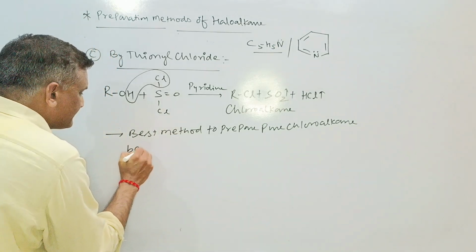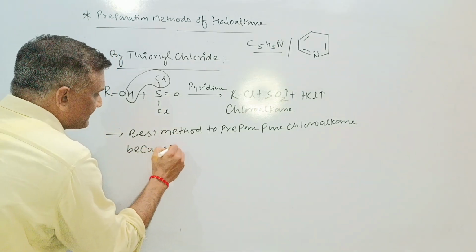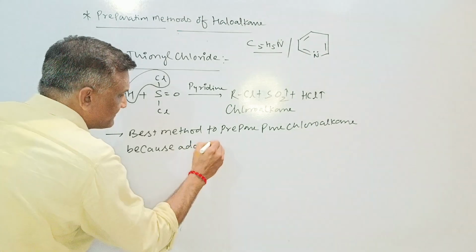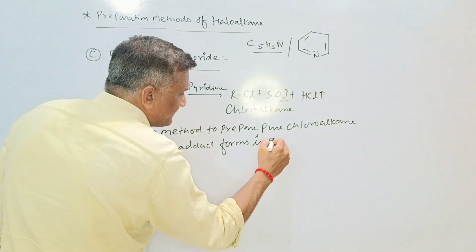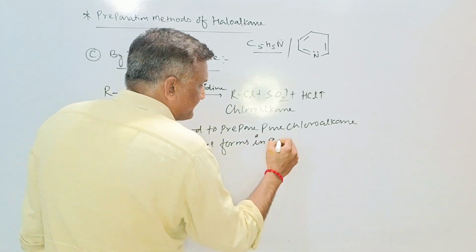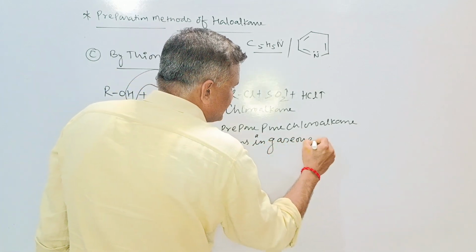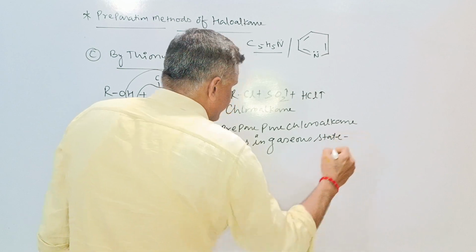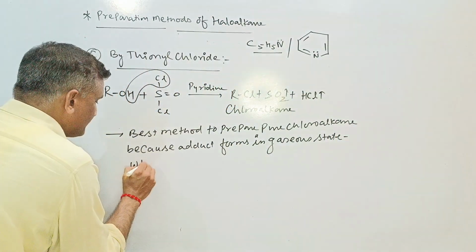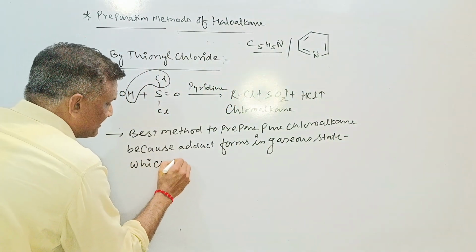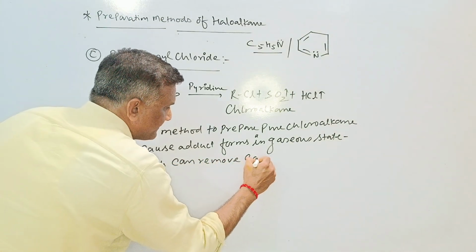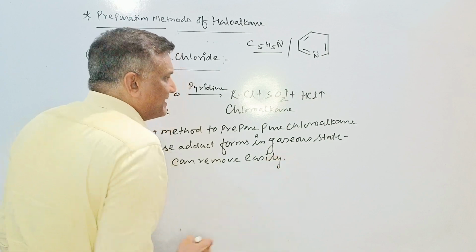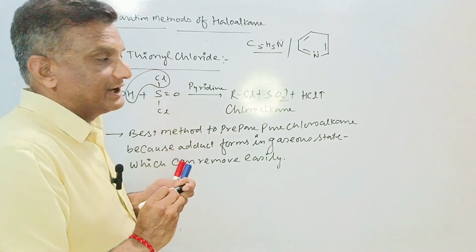Because the adduct forms in gaseous state, which can be removed easily, that's why it's the best method for the formation of chloroalkane.